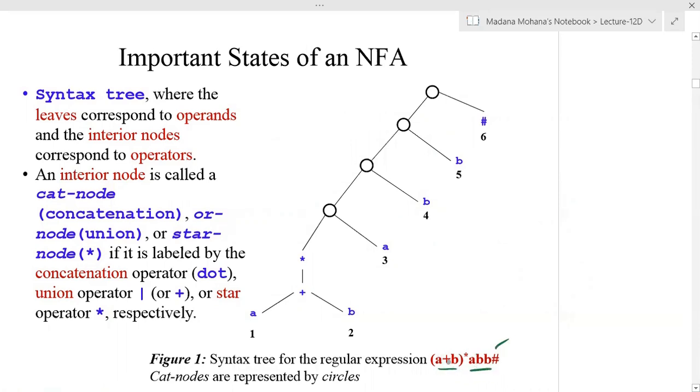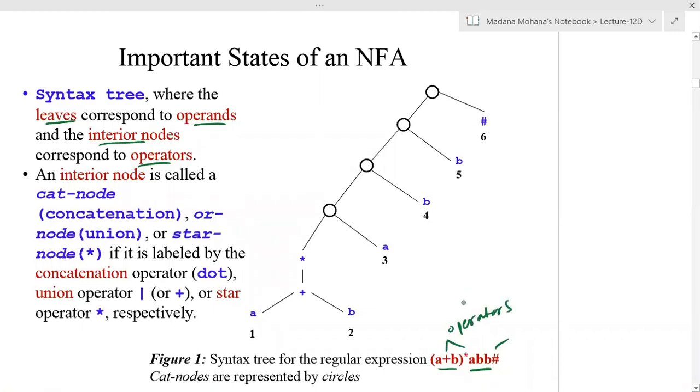So first you can take the parenthesized expression in the syntax tree. Let us see some notations: the leaf nodes correspond to operands and the interior nodes correspond to operators. So now here you can see plus and asterisk, these are all operators.